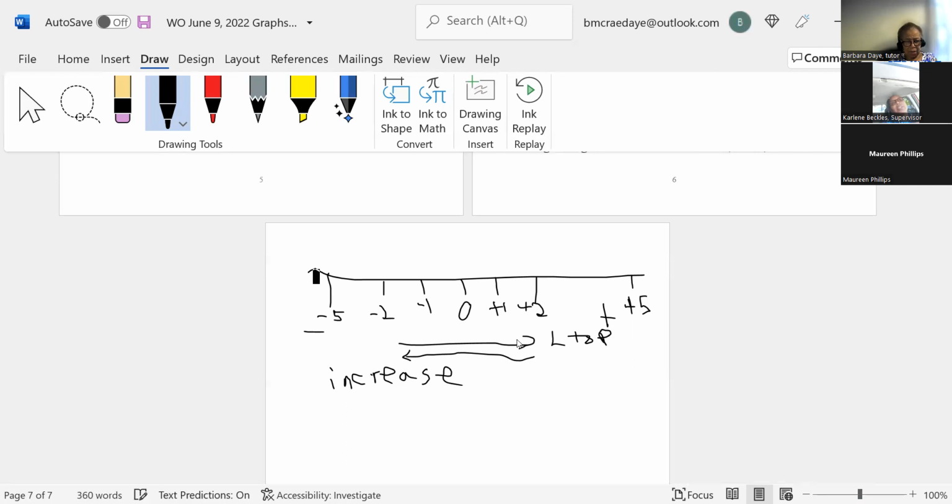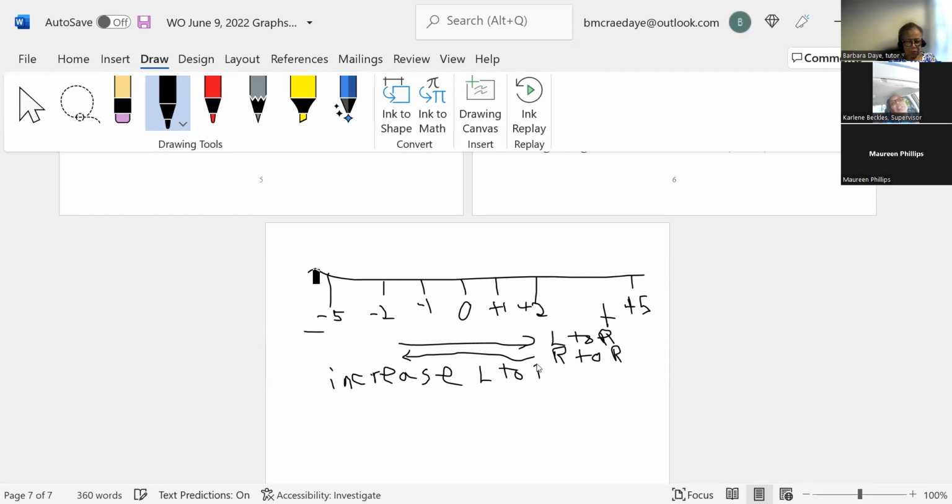Going from this direction would be right to left. So Maureen, I ask you, which one is increase? L to R or R to L? L to R, that's an increase.